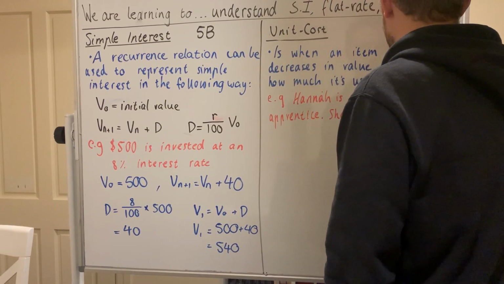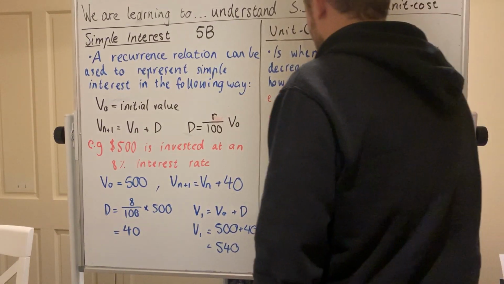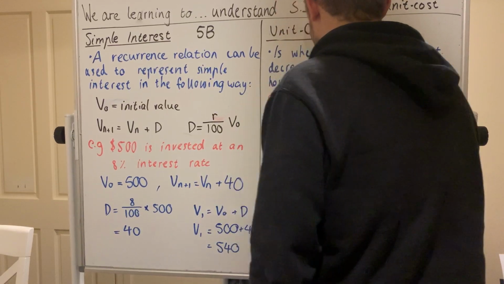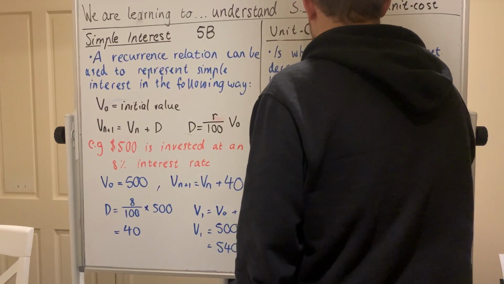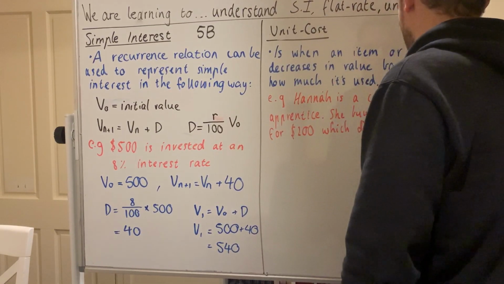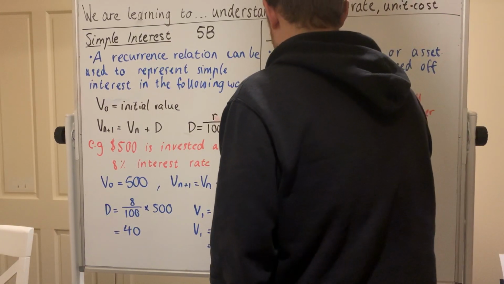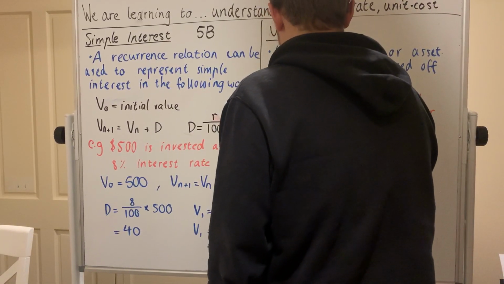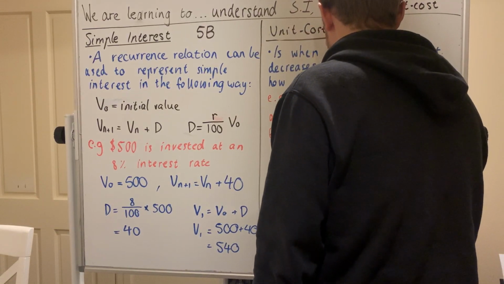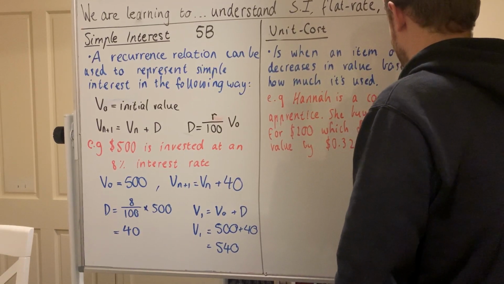She buys a grinder for, let's say, $200, which decreases in value by, we'll go 32 cents each time it's used.